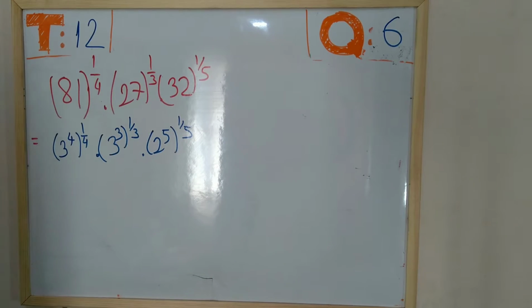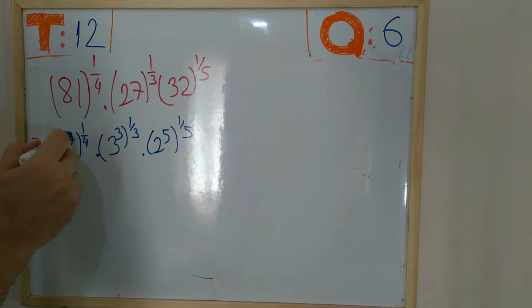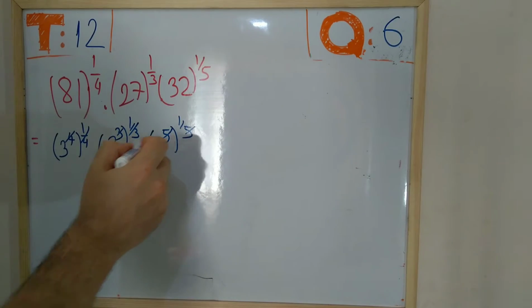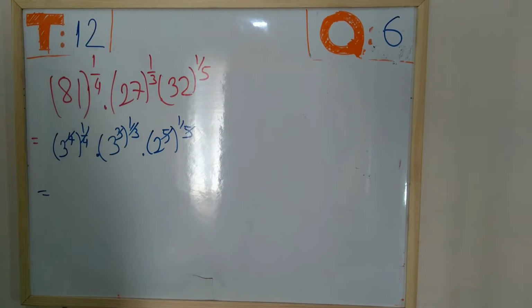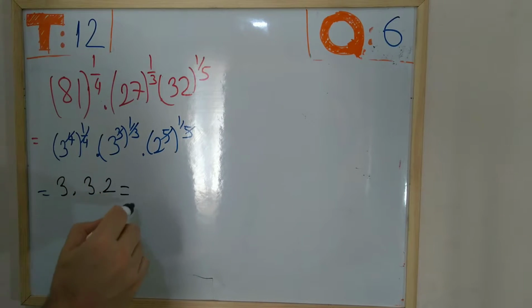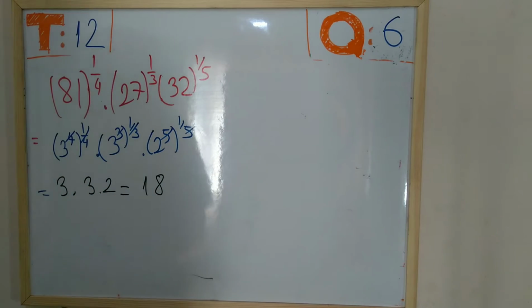So we can see that these powers are cancelling each other out by multiplication. So I have no powers left. So what I have in my hand is 3 times 3 times 2, which is equal to 18.